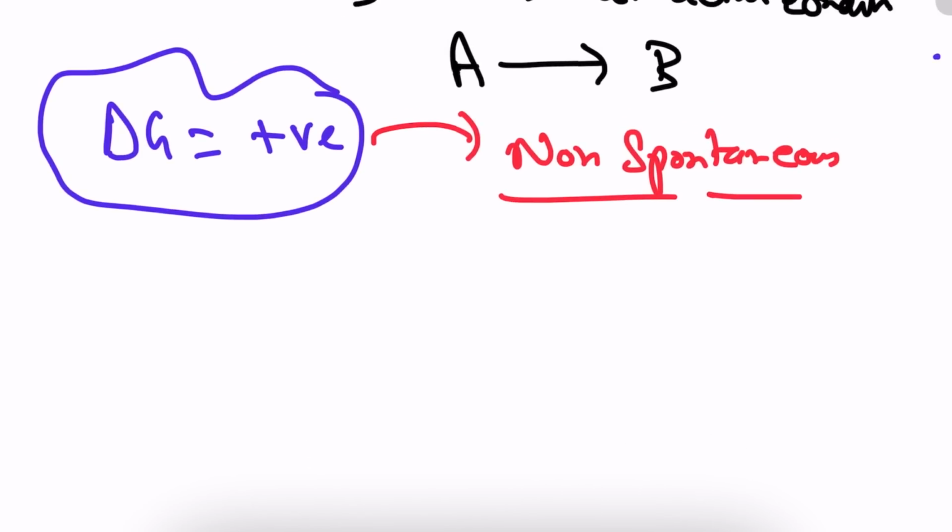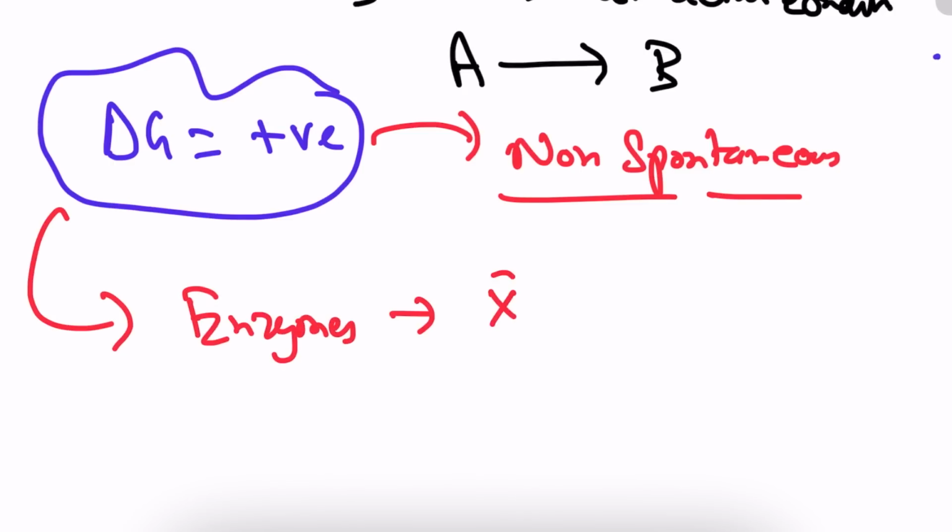Even if you add any enzyme to this reaction, it is not going to proceed in the forward direction. Enzymes do not change the value of delta G, so whatever the value of delta G is, it is going to remain the same. If the value of delta G is positive and you add the enzyme, that reaction is not going to proceed even in the presence of enzyme.